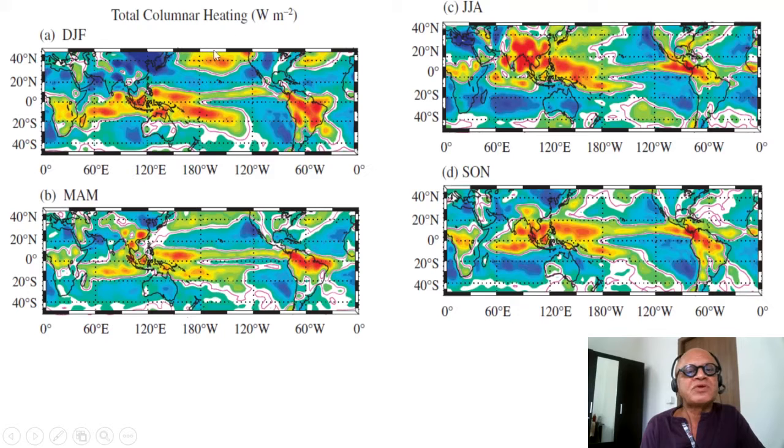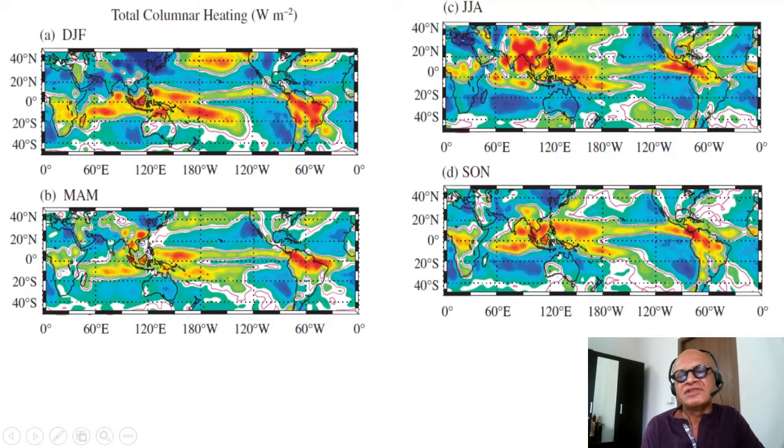So this is our total columnar heating in watts per meter squared for DJF, MAM, JJA, and SON. Obviously closely related to the ITCZ in the tropics, monsoonal heating, and the pre-monsoon changes in terms of ITCZ crossing.